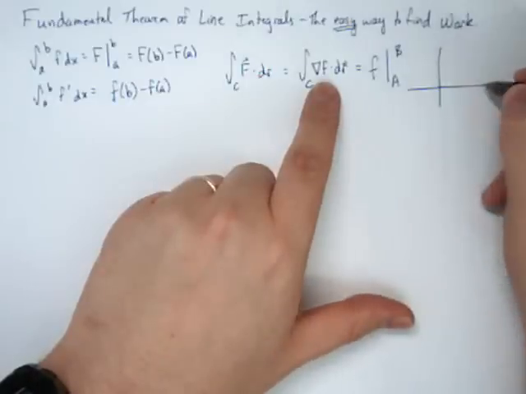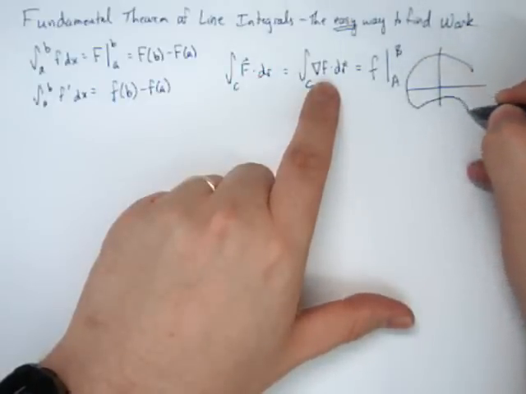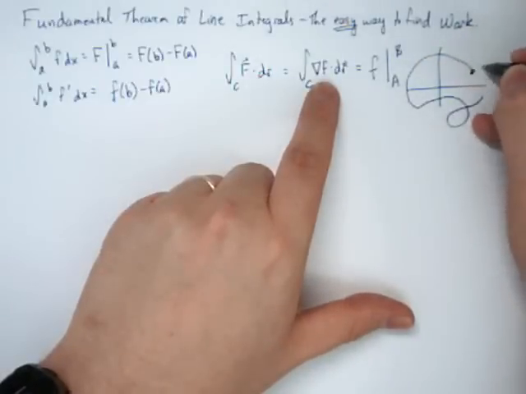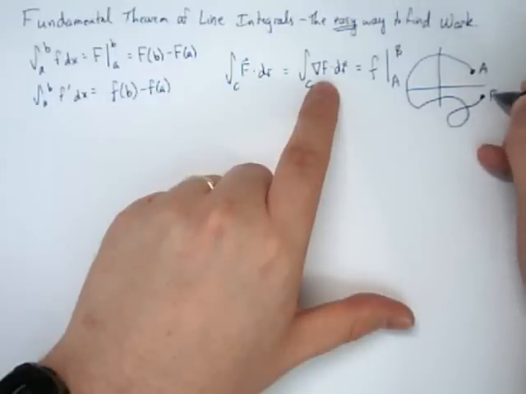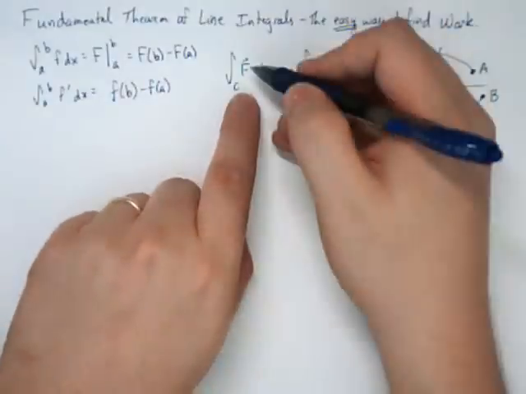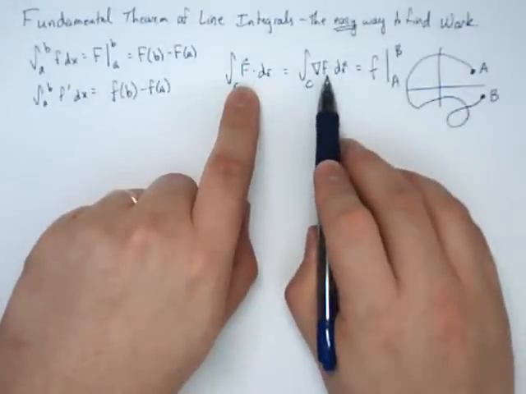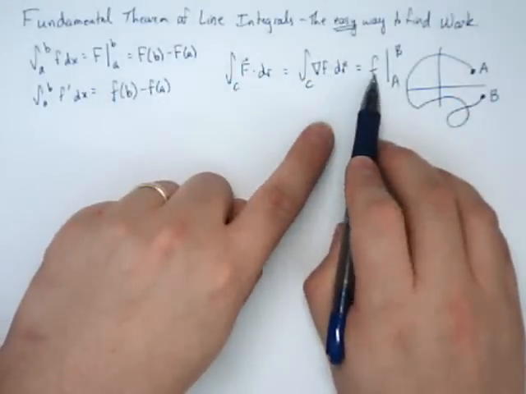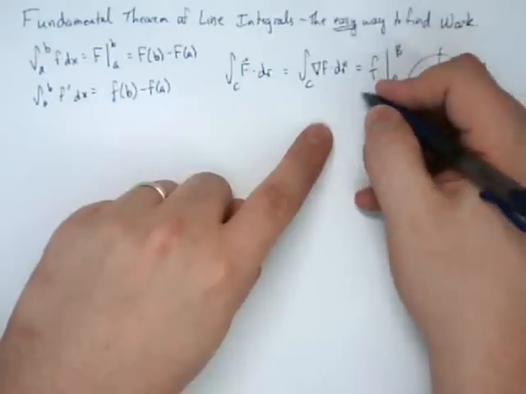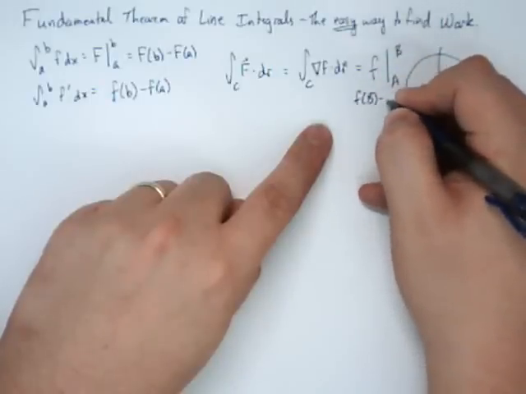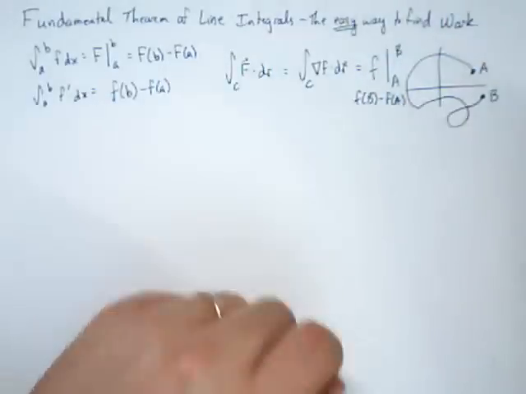So if you've got some curve traveling through space, and you start at point A and end at point B, and you know that the vector field you're working with is conservative, or has a potential, then all you have to do is evaluate the potential at the endpoints. So take f of b minus f of a, and you're done.